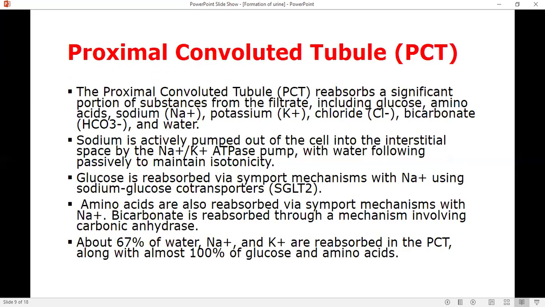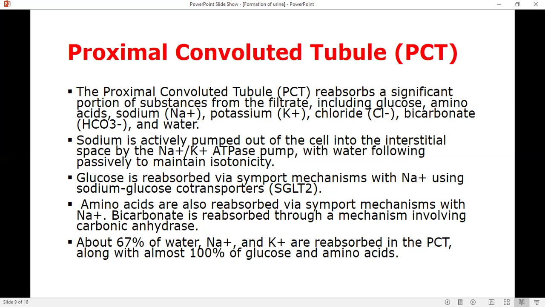So what happens in the proximal convoluted tube? We just want to know what ions get absorbed in this region. Ions like sodium, chloride, potassium, water, and bicarbonate are actively pumped out of the cell into the interstitial space by the sodium ATPase pump. Just know the ions and how they get back.